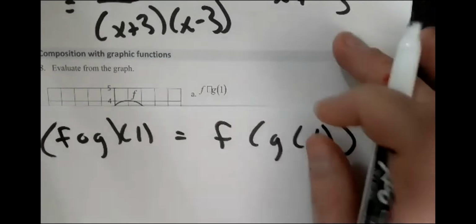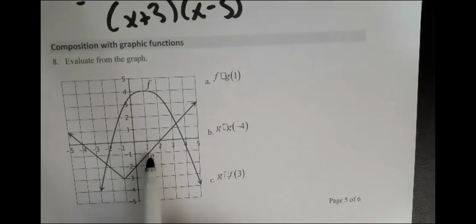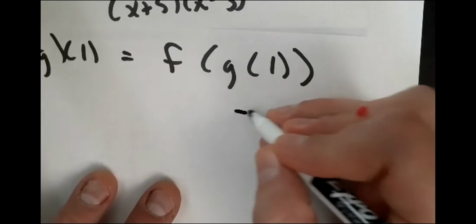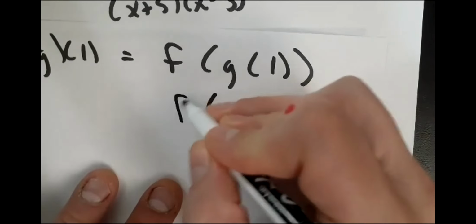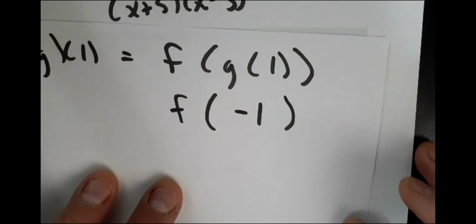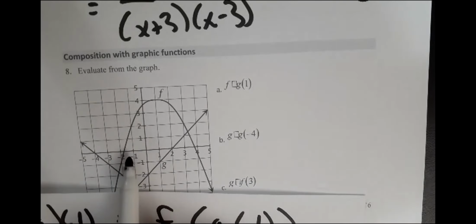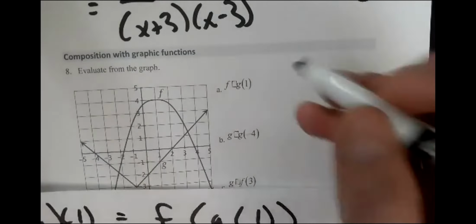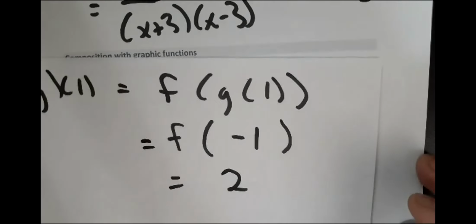So g of 1 is the first thing I see on the inside. I'm looking at the x value of 1. I'm finding my g gives me a y of minus 1. So g of 1 is giving me minus 1. Now I want to figure out what f of minus 1 is. So I go to my x, where it's a minus 1. I look up here at my f value. This is giving me 2.